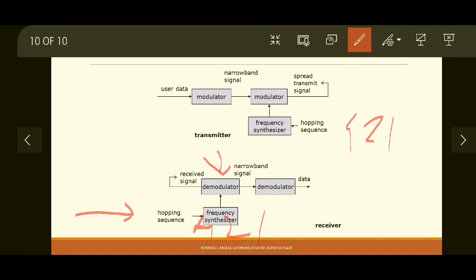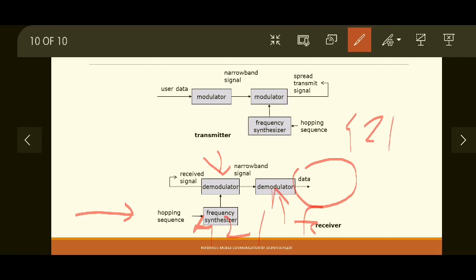It will generate a narrowband signal which is of higher frequency compared to the original user data. From that narrowband signal, again we use the carrier to generate the original user data signal. So the second demodulator is responsible for downgrading the higher frequency signal to the original frequency of the user data.